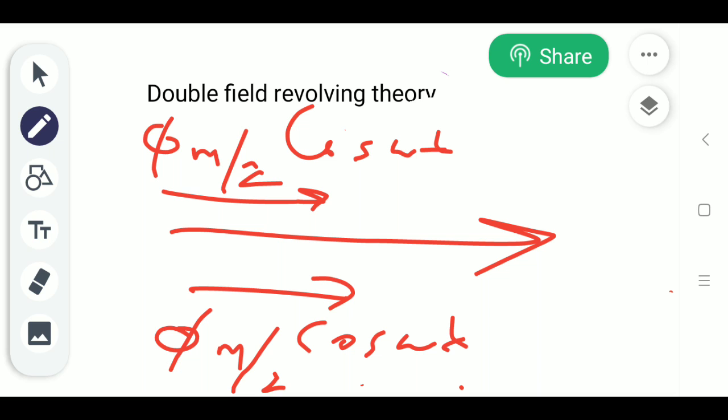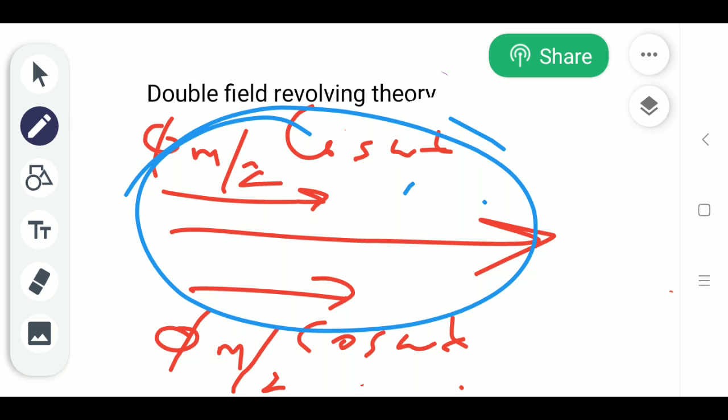So both of these add up to our original phi m cos omega t, which is actually the sum of these two.